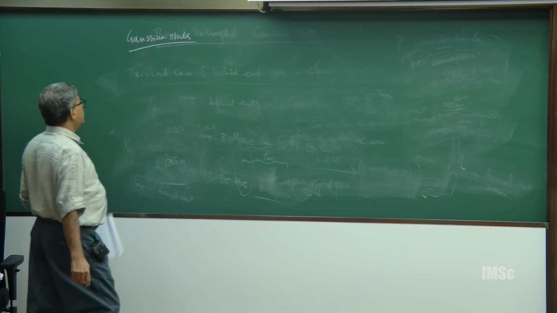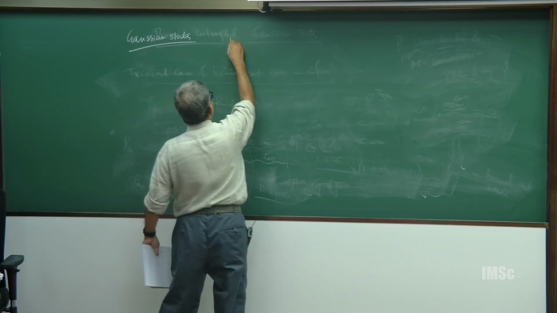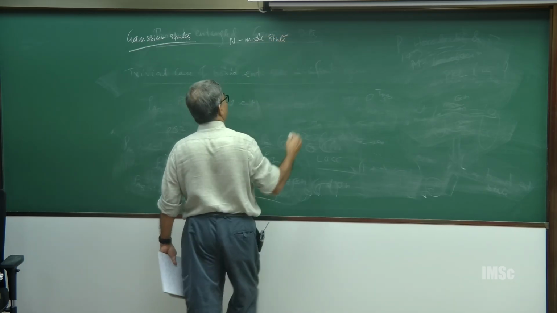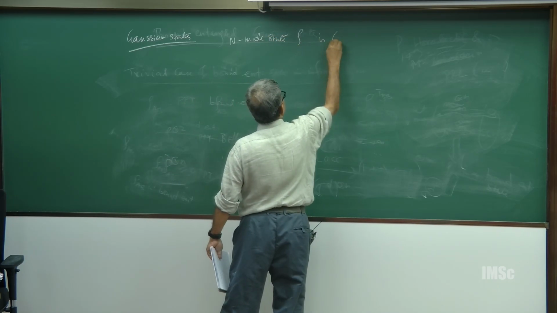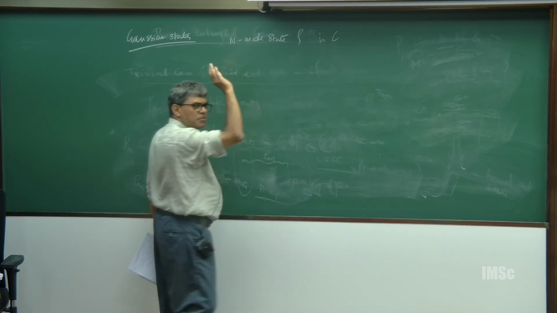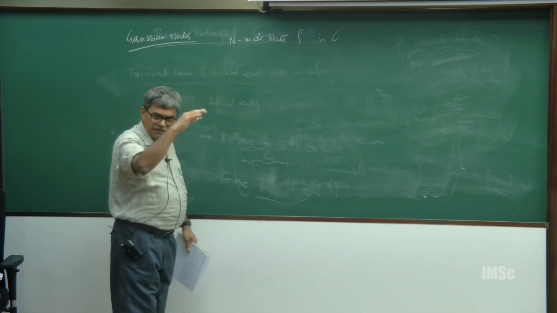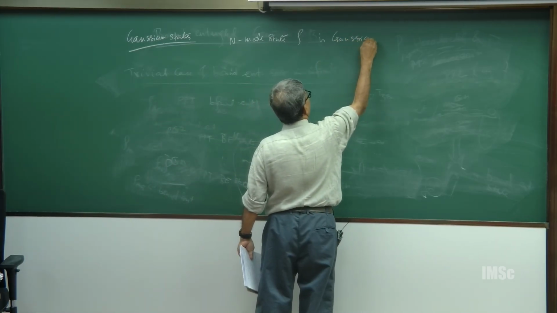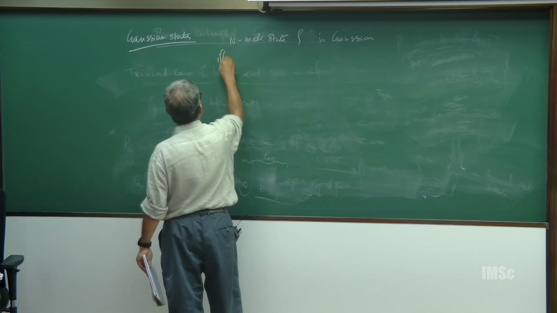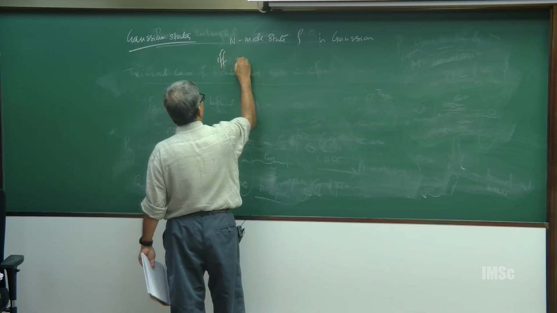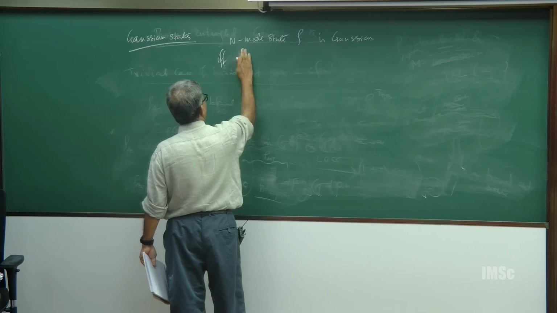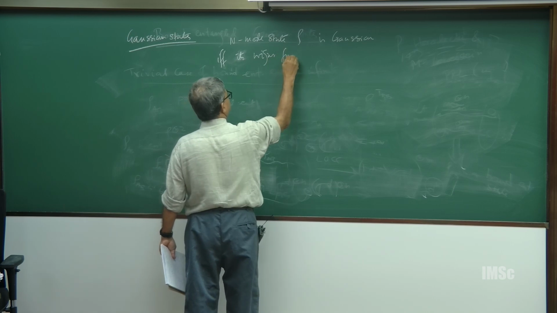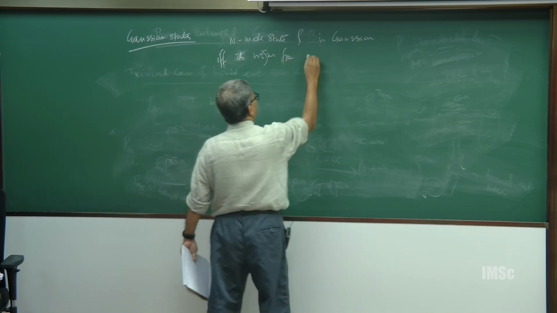An n mode state rho is Gaussian, and for the time being I am not bothered about whether this is bipartite or a single system, if and only if its Wigner function is Gaussian.